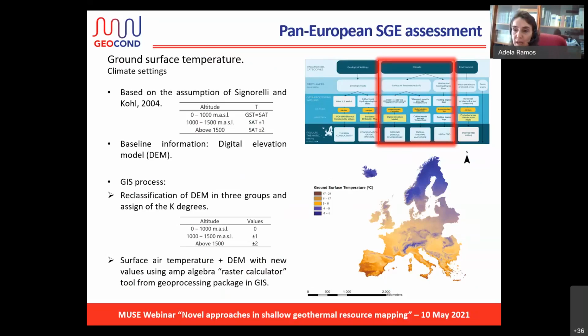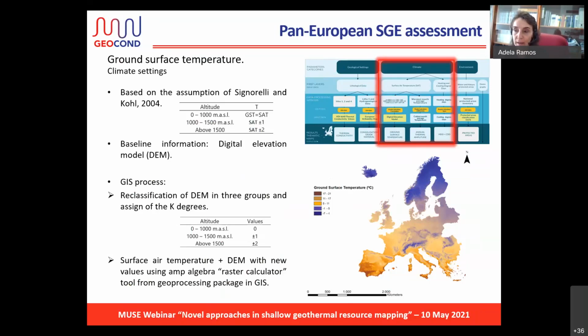So in a GIS environment, the process consisted of the reclassification of the altitude raster map in 3 classes: one with values ranging from 0 to 1,000, another with values ranging from 1,000 to 1,500, and another with the rest.